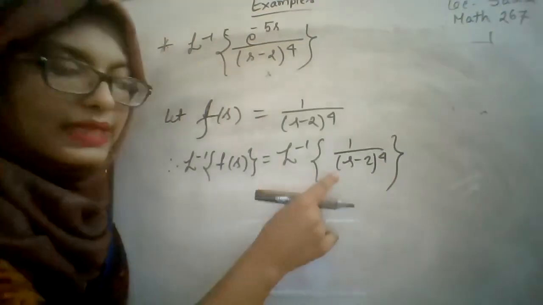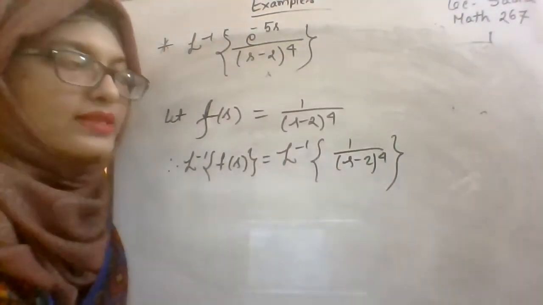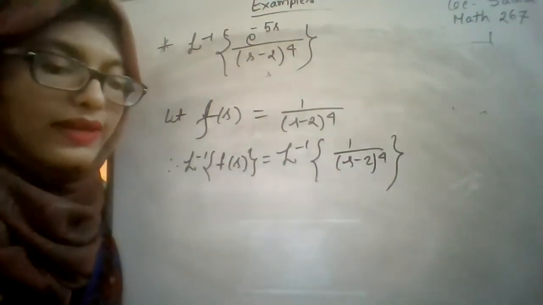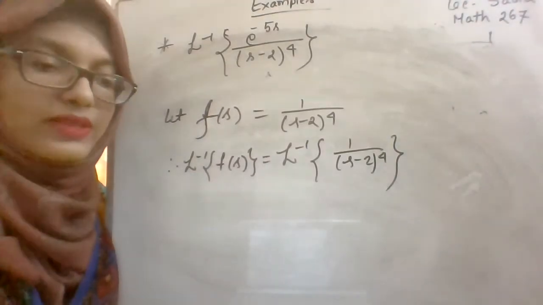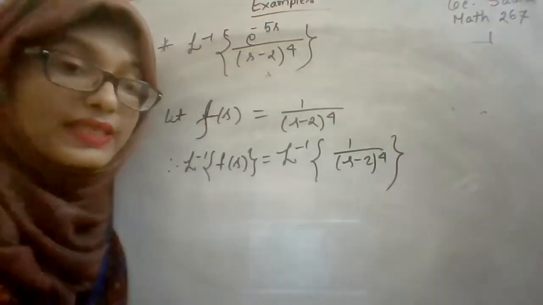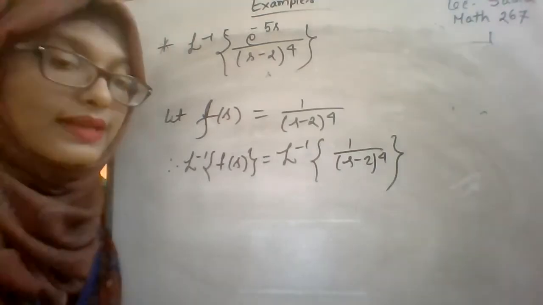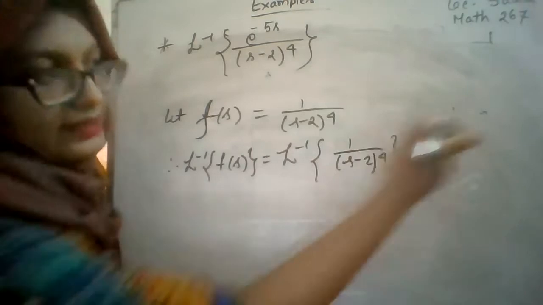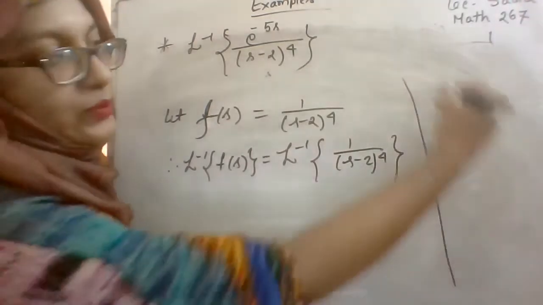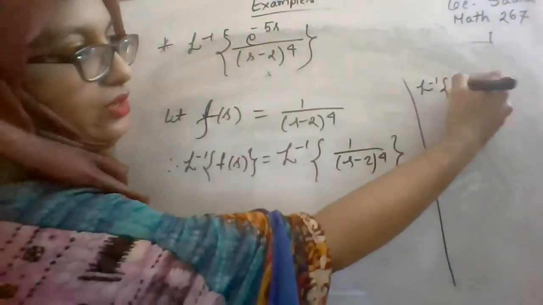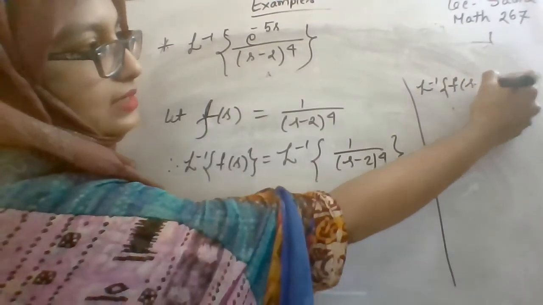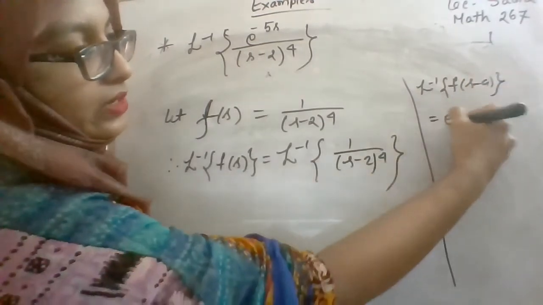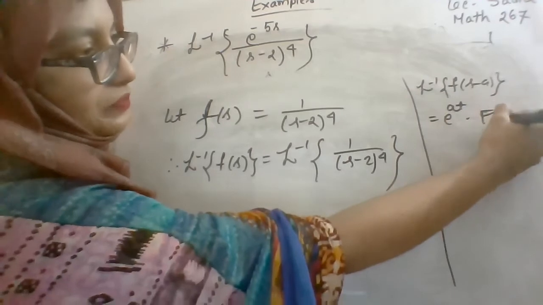Now you can consider this as inverse Laplace transformation of f of s minus a, right? That means the first translation of shifting property. What is the statement for the first translation of shifting property? Inverse Laplace transformation of f of s minus a is equal to e to the power at f of t.